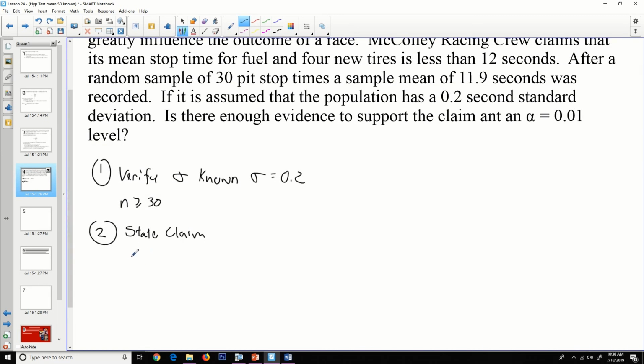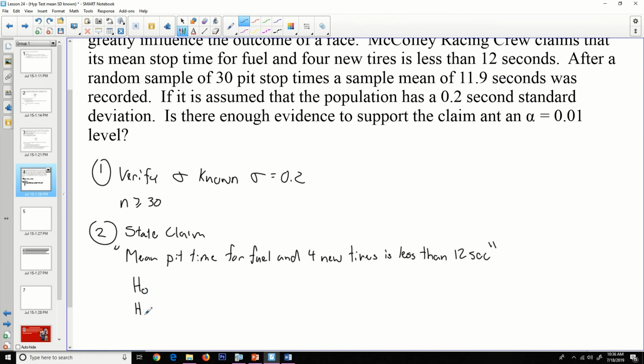So our claim is that the mean pit time for fuel and 4 new tires is less than 12 seconds.